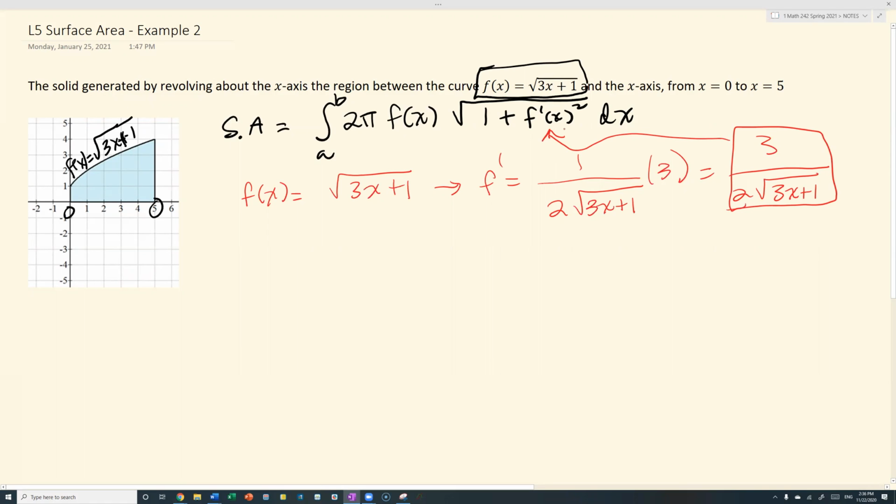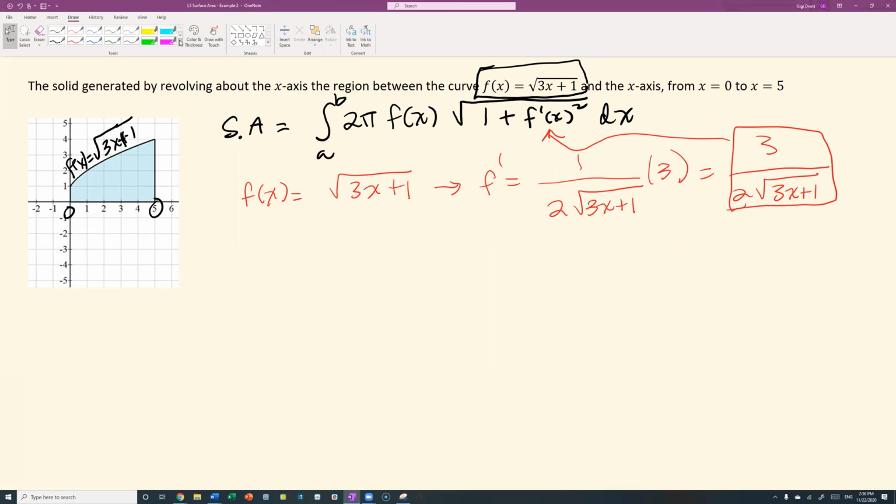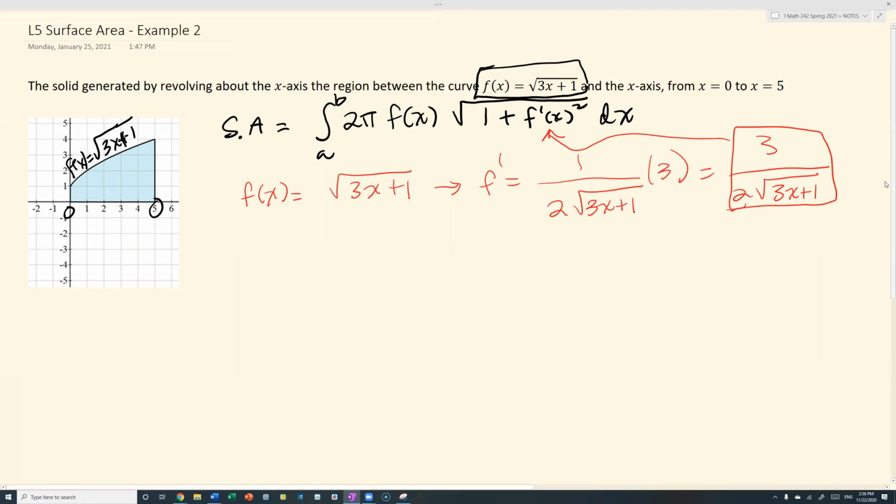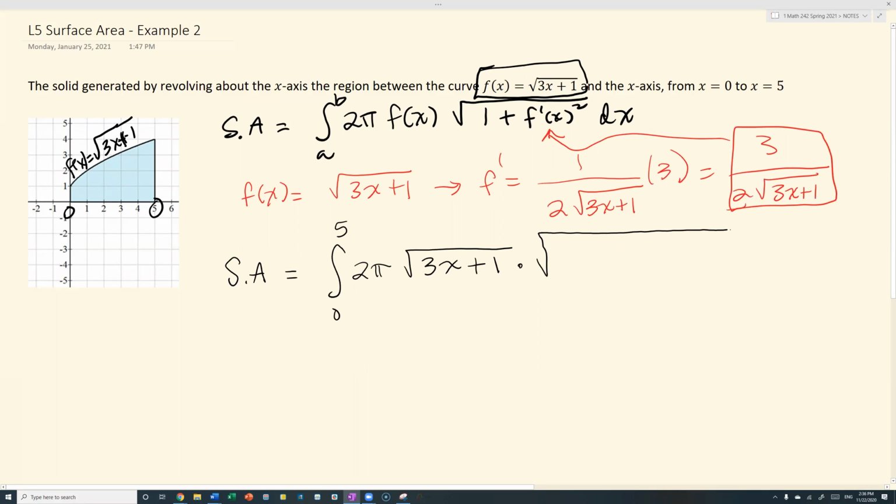So let's go ahead and calculate now the surface area. Surface area is going to be the integral from 0 to 5 of 2 pi times square root of 3x plus 1, multiplied by square root of 1 plus, and we're going to square this red box right there.